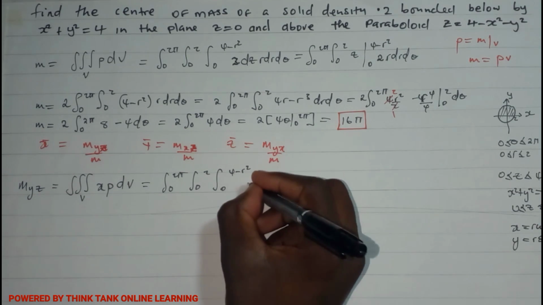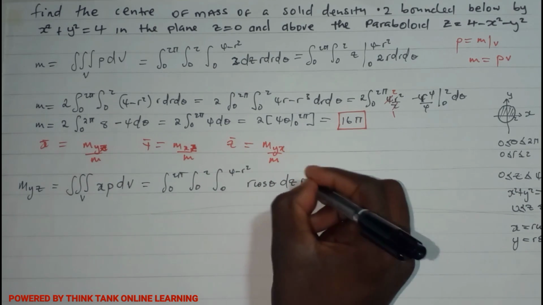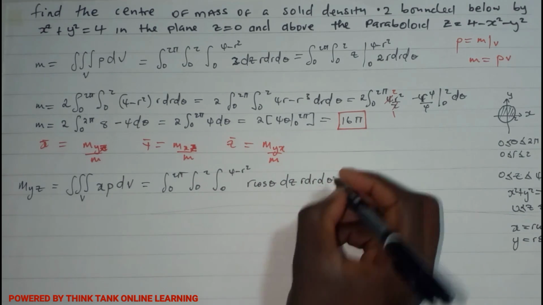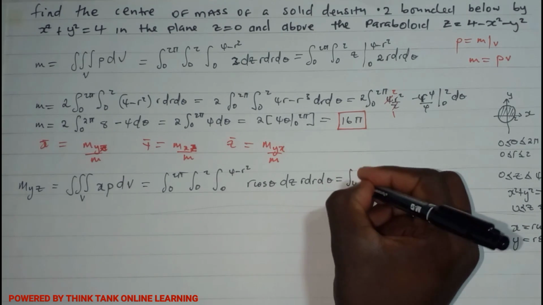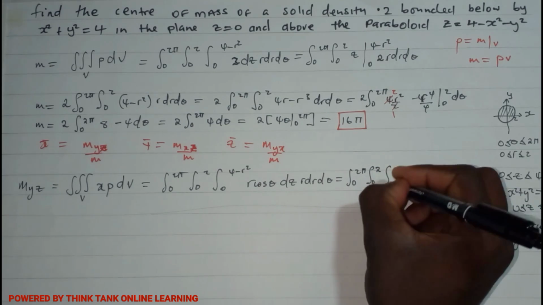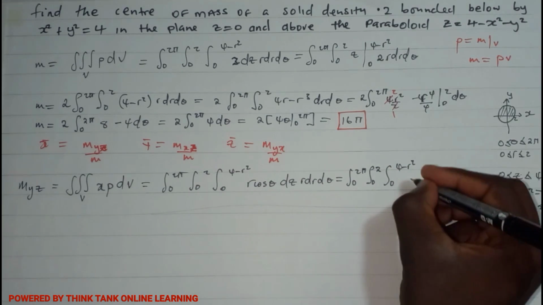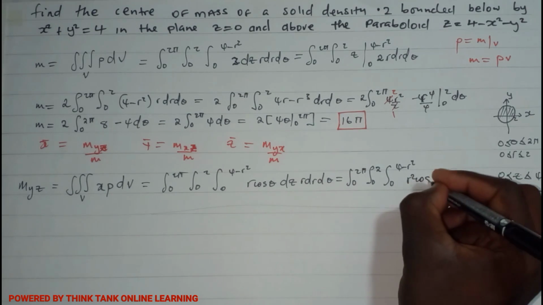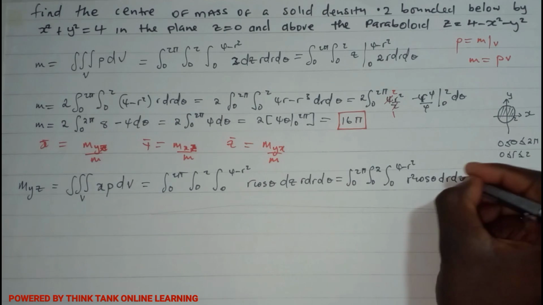So I'm going to have r cos theta, dz, r dr d theta. If we simplify, r times r gives r squared cos theta, dr d theta.